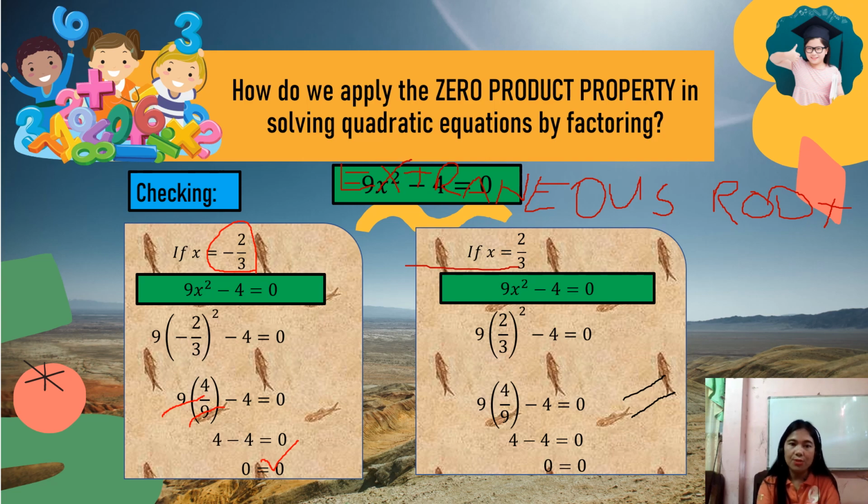False siya dun sa ating original equation. That certain value does not satisfy the original equation kasi hindi siya equal. So, ang ibig sabihin, extraneous siya. Although, siya yung na-solve na value, pero it will not make the equation true.